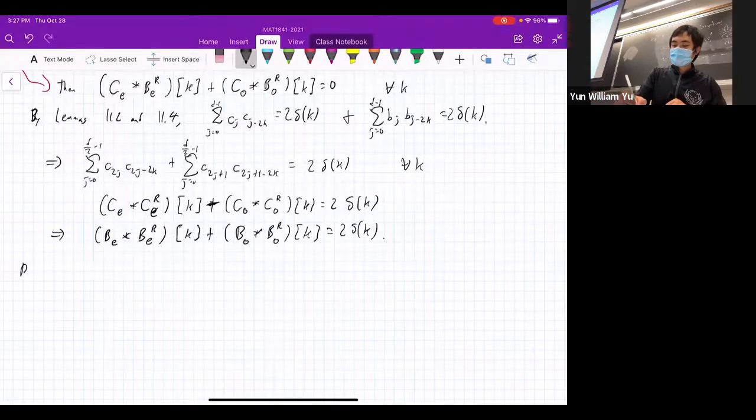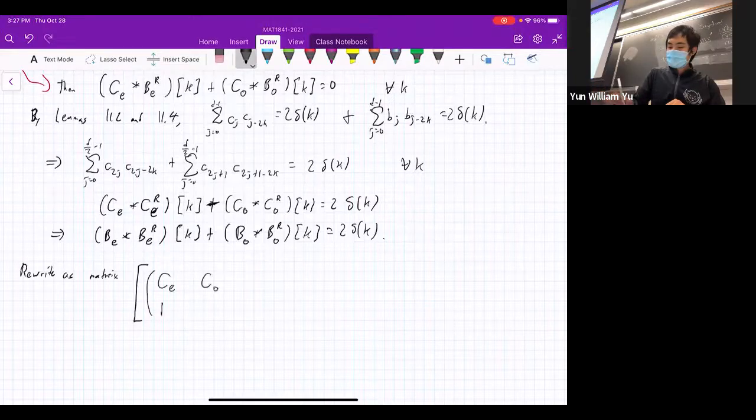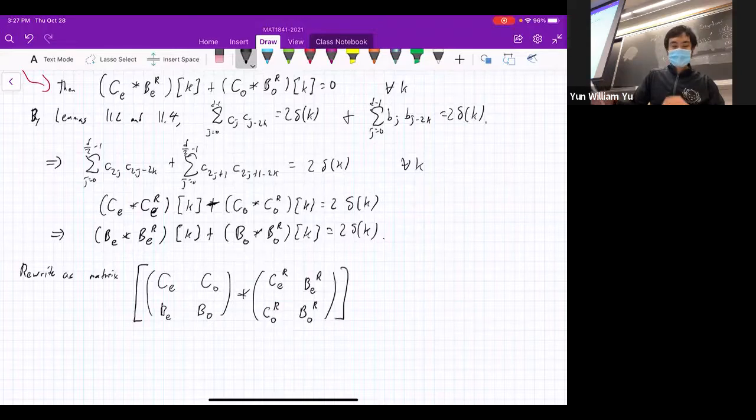So it's going to be the matrix with rows C even, C odd, and B even, B odd, convolved with the matrix of C even reversed, B even reversed, C odd reversed, and B odd reversed, and I'm going to drop the k. It is equal to the matrix 2 delta of k, 0, 0, 2 delta of k.